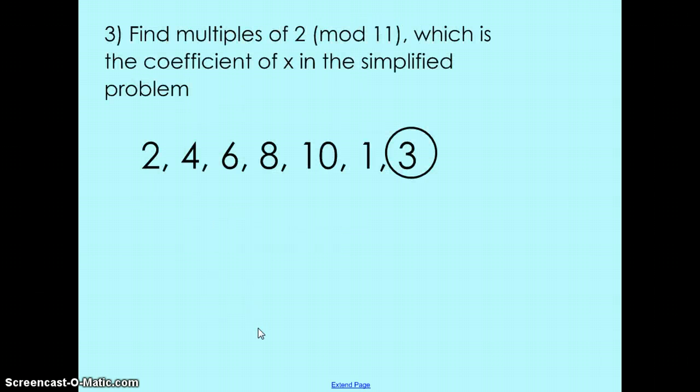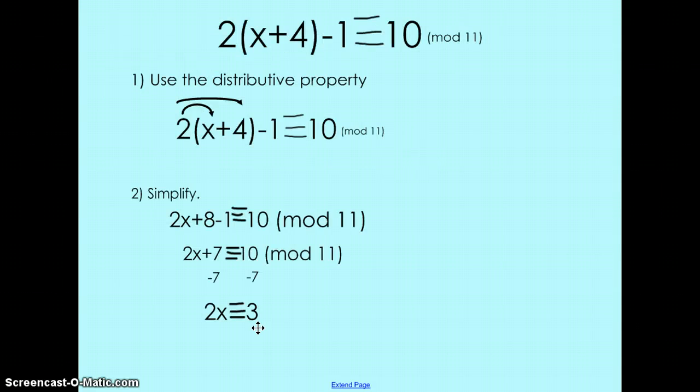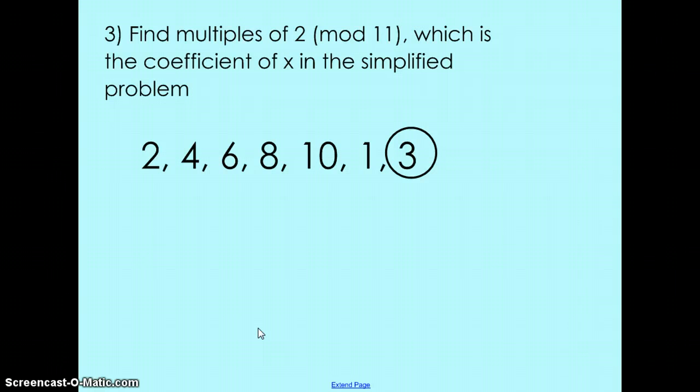Our third step is to find multiples of 2 in mod 11, and we're using 2 because it's the coefficient of x in the simplified problem that we just found. We start at 0 and go 2, 4, 6, 8, 10, and since we start over at 11, 11 will be 0, and then 1 is our next value.